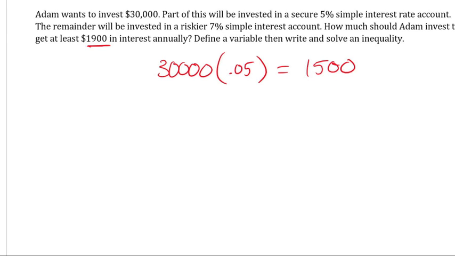So here's the thing. We have two ways we're going to break this investment up. Let's say that we invest X dollars at this 5%. So this amount right here would represent how much money he's going to get from this simple, secure account. Now, if he invests X of his dollars at this, how much money does he have for the other investment?